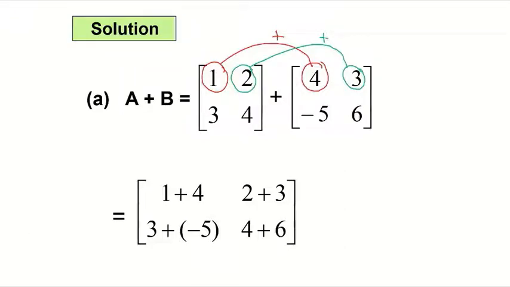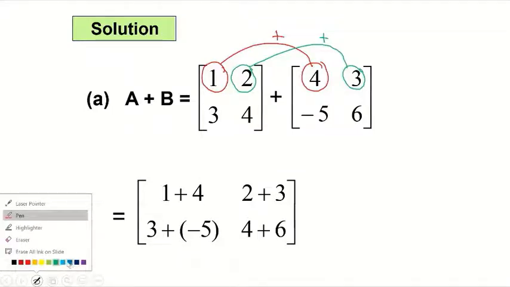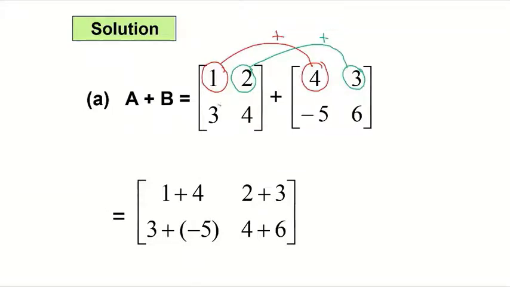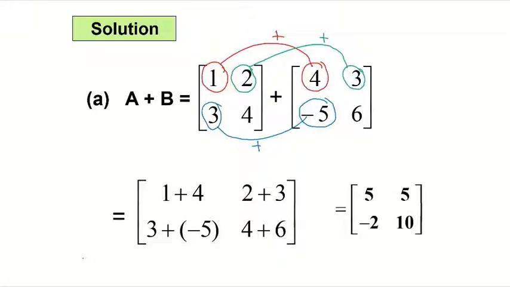And for the second row, position 2 1, we have 3 for the first matrix and -5 for the second matrix. So you have to add these two numbers, and we get -2. And for the last entries, we have 4 and 6. So this is the one.